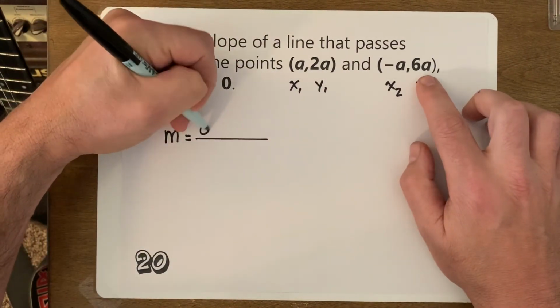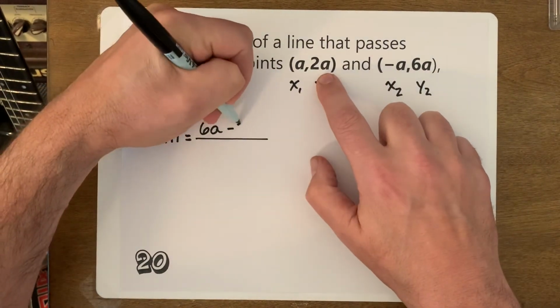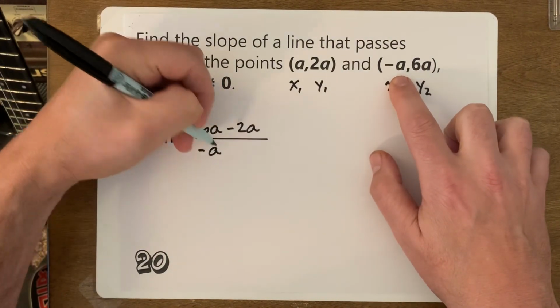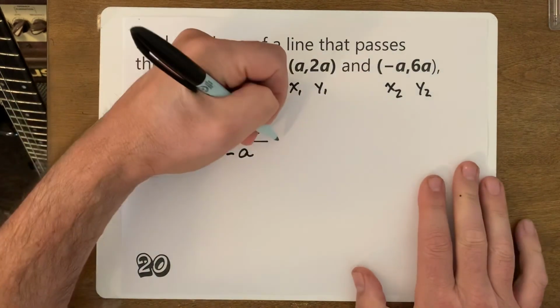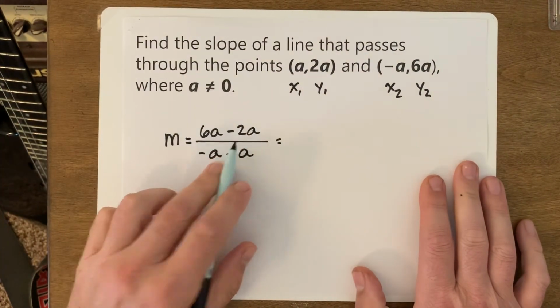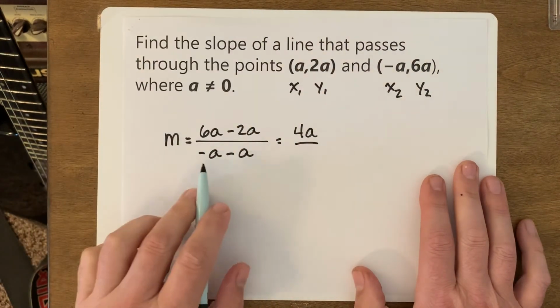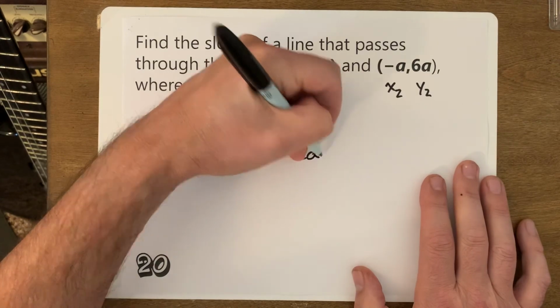6A, whatever that is, I don't know what A is, minus 2A over negative A minus A. Okay, so let's see what that looks like. 6A take away 2A is 4A over negative A take away another A is negative 2A, right?